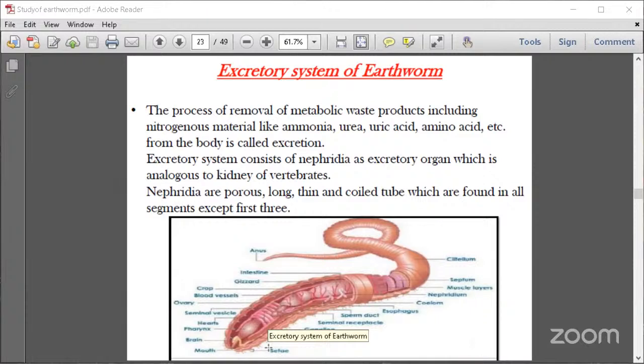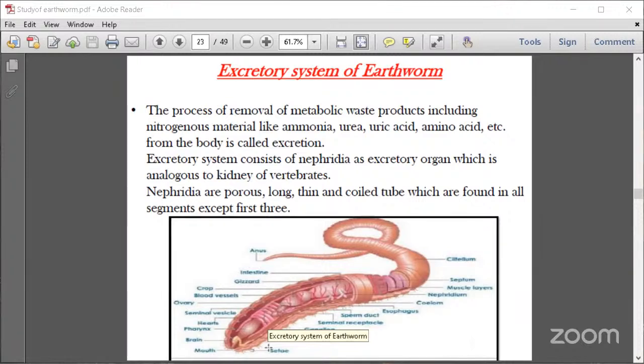The process of removing metabolic waste products, including nitrogenous materials like ammonia, urea, uric acid, and amino acids from the body is called excretion. The excretory system consists of nephridia as the excretory organ, which is analogous to the kidney of vertebrates.